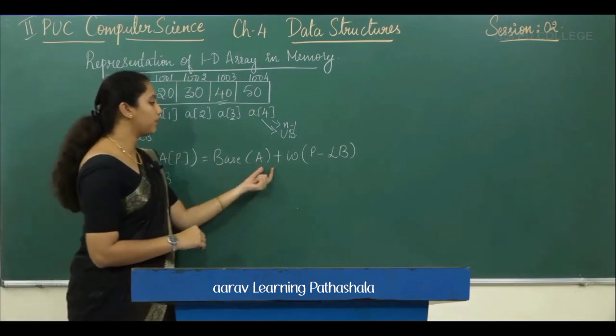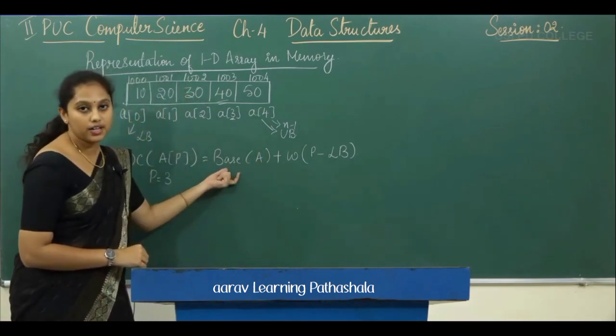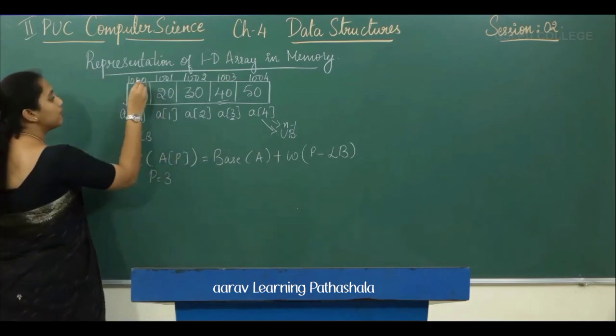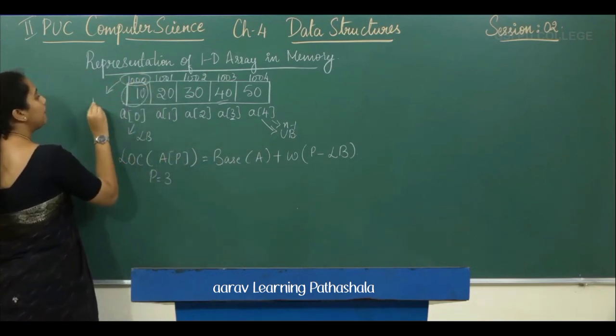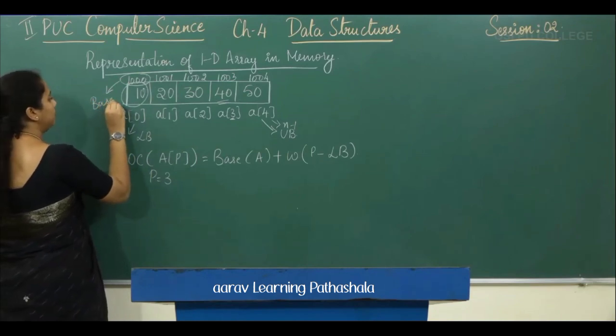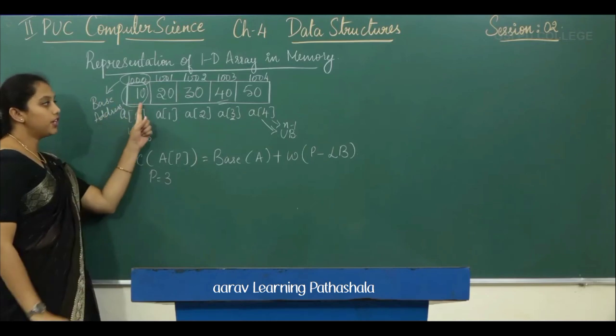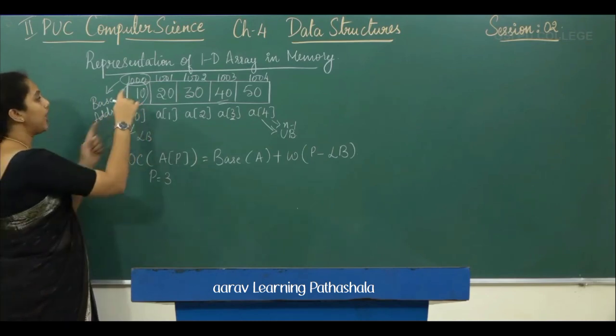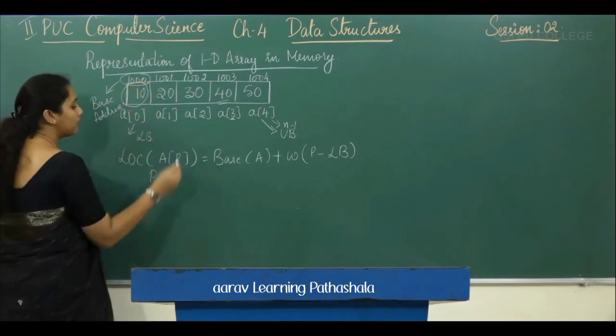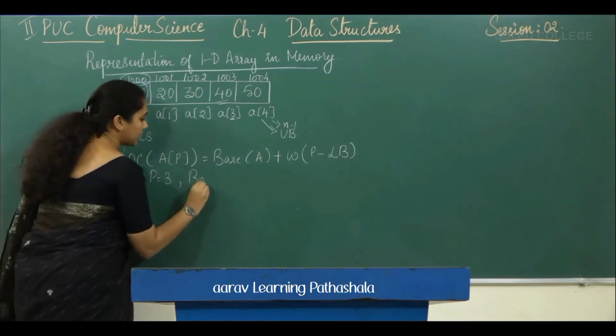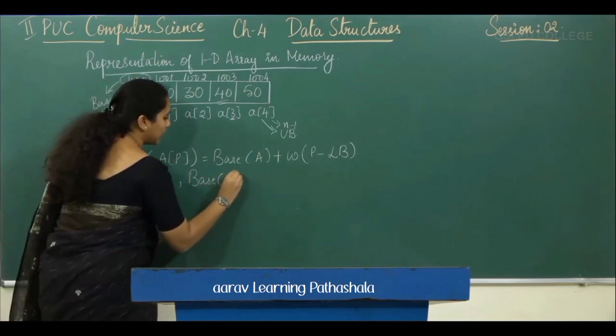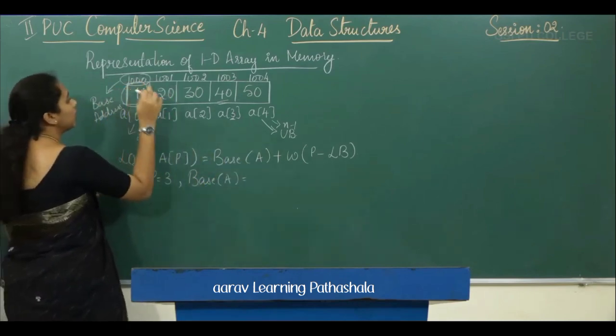Next, base of A. What is base address? The address of the first element of an array is called the base address. Now the value of base of A is 1000.